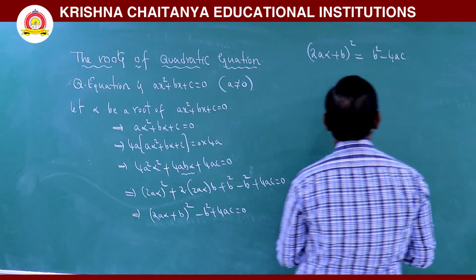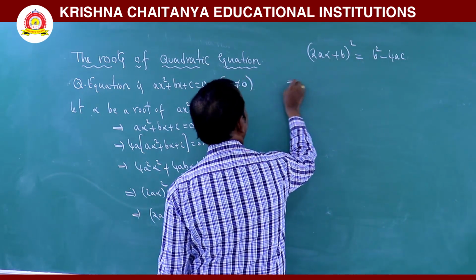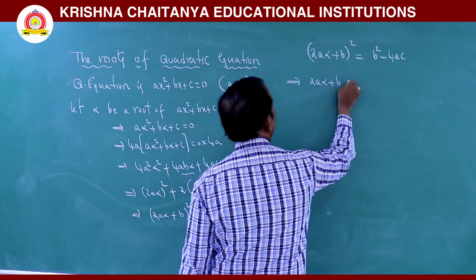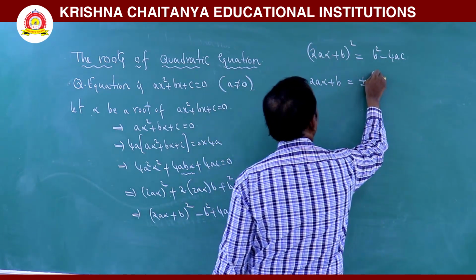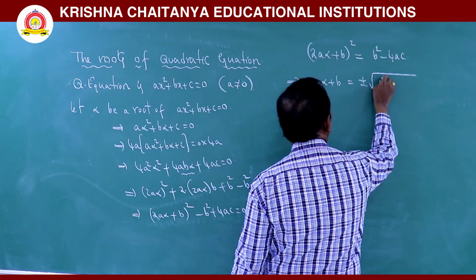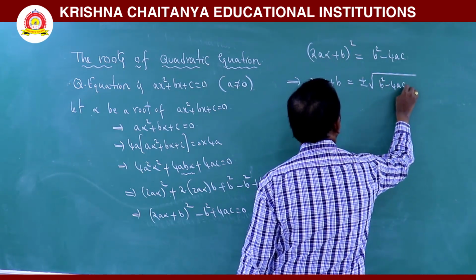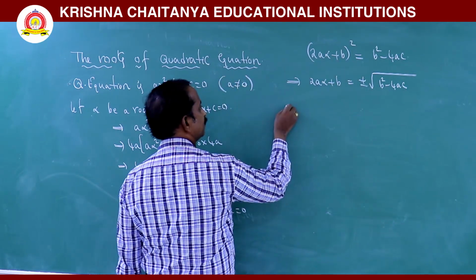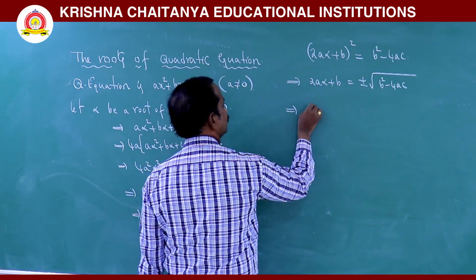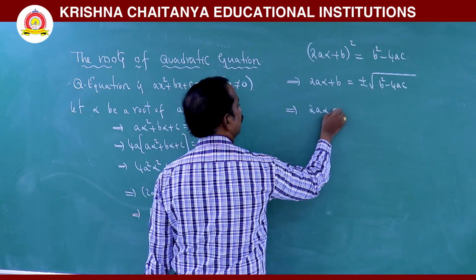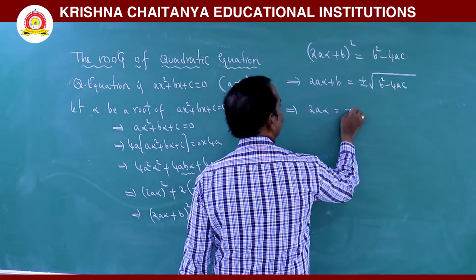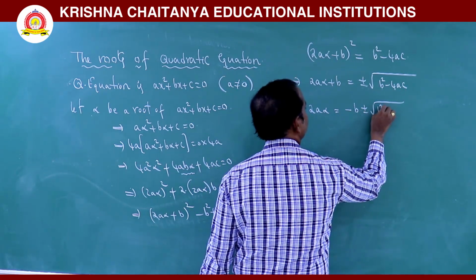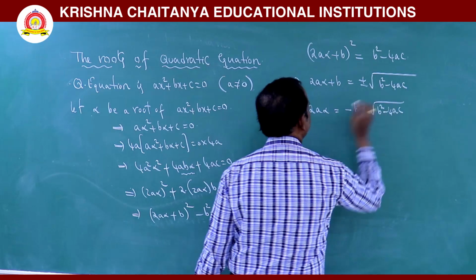So using that one we can write from this, 2a alpha plus b is equal to plus or minus square root of b square minus 4ac. Now plus b taken into the RHS, then in the LHS the remaining term is 2a alpha is equal to minus b plus or minus root of b square minus 4ac.